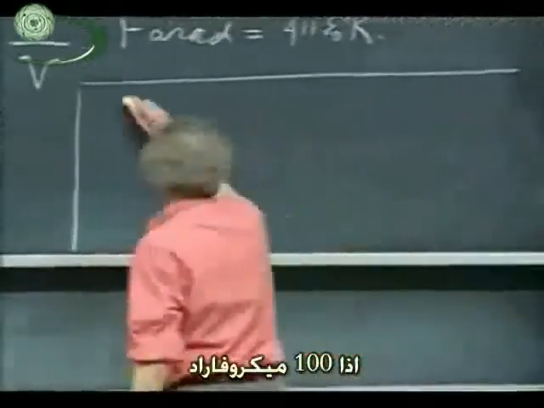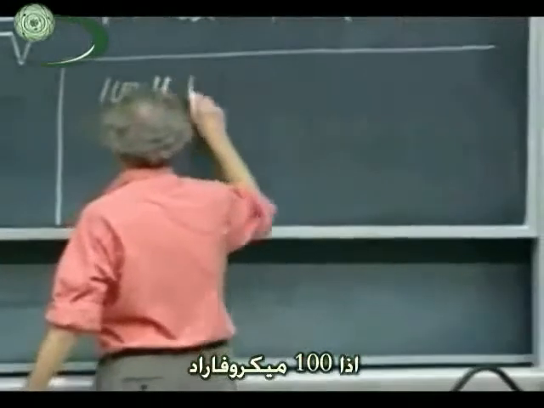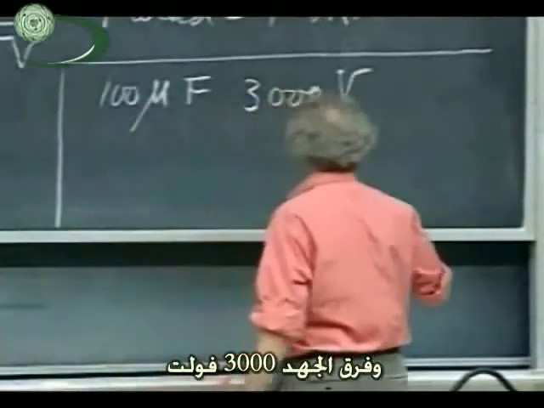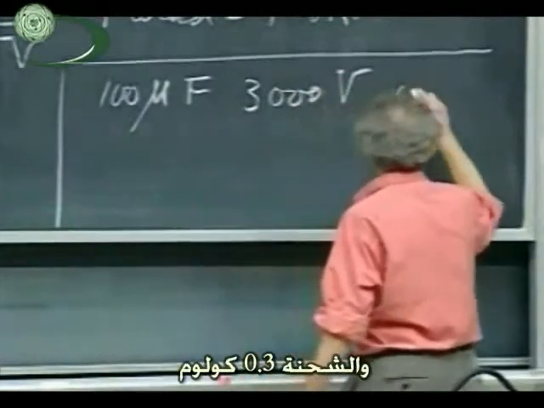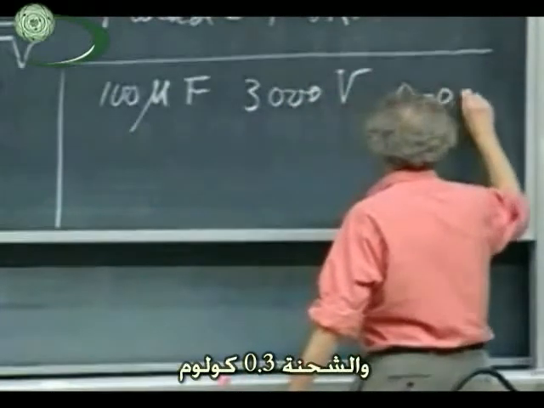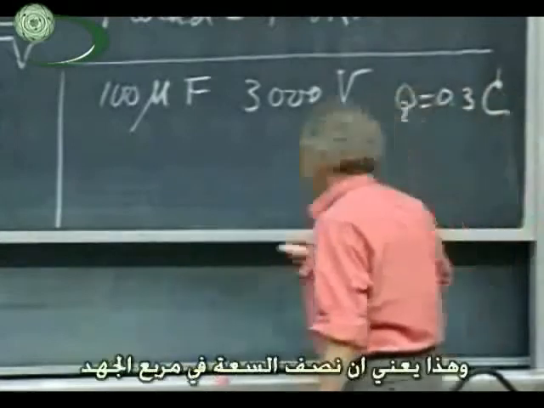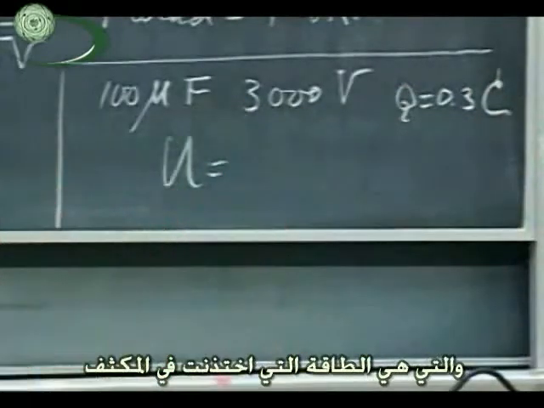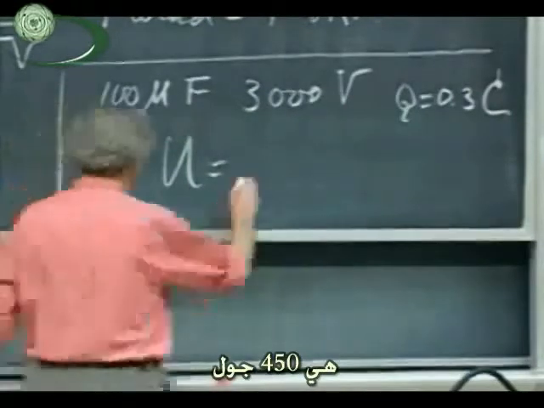So it is 100 microfarad. I'm going to put a potential difference over it of 3,000 volts. That gives it a charge Q of 0.3 Coulomb. And that means that 1/2 CV squared, which is the energy that is stored in the capacitor, is 450 joules.